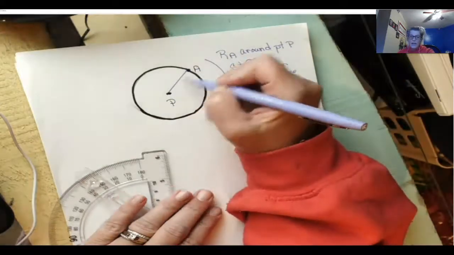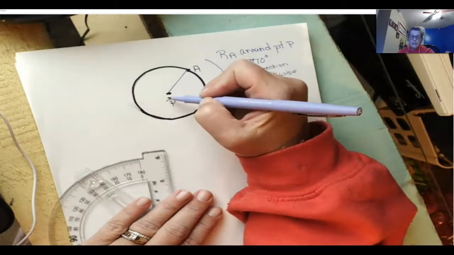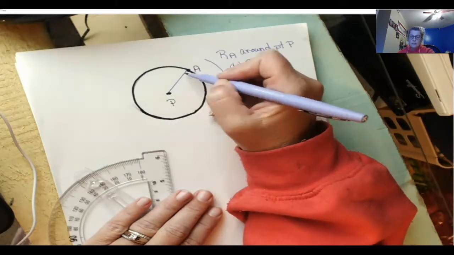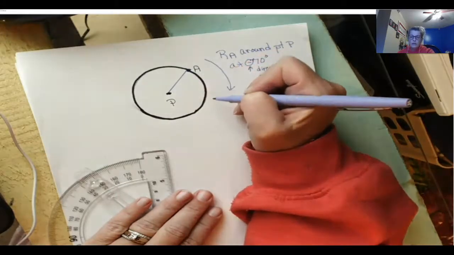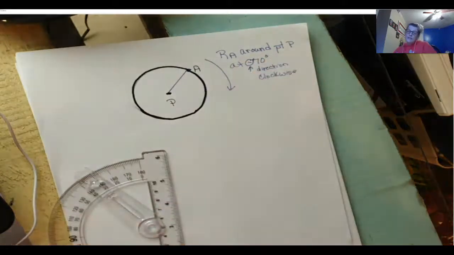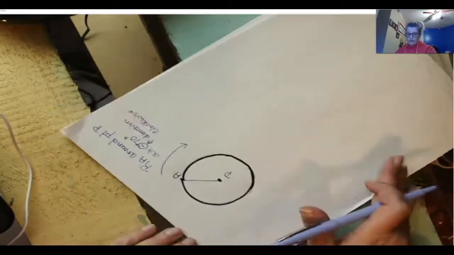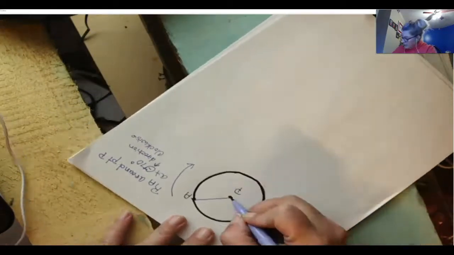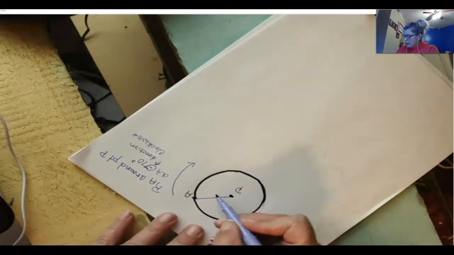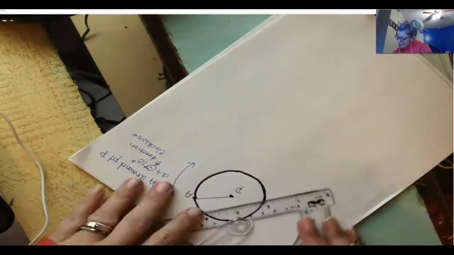So when we have our line here for our radius, in order to move this on our circle, we have to find that 70 degrees. Now I'm going to turn my paper because it makes it so much easier when you turn it. All right? Think about it this way. This is a ray, if you will. Let me extend this a little bit.